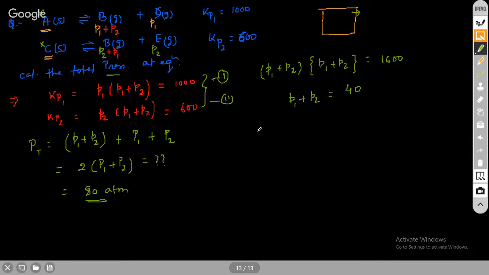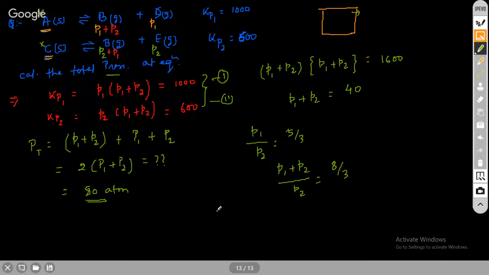If you divide these two equations, you will get P1 by P2 is equal to 5 by 3. Add 1 both sides, you'll get P1 plus P2 divided by P2 is equal to 8 by 3. P1 plus P2 is equal to 8 by 3 into P2.